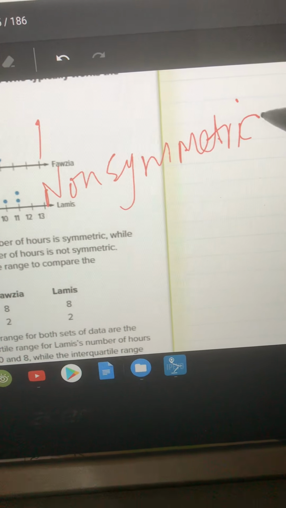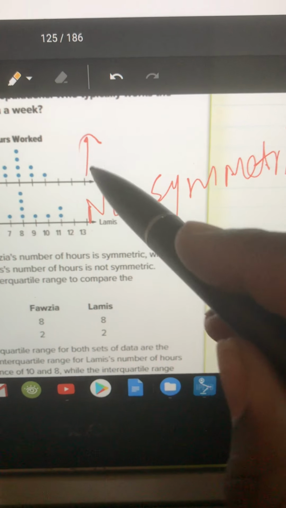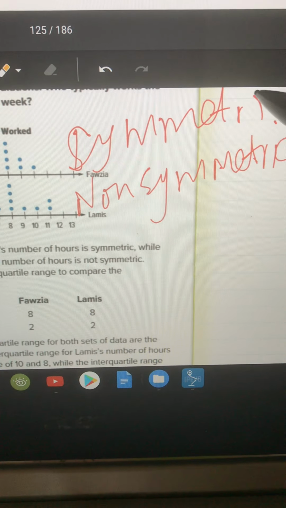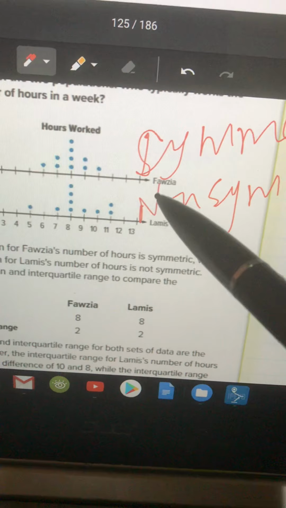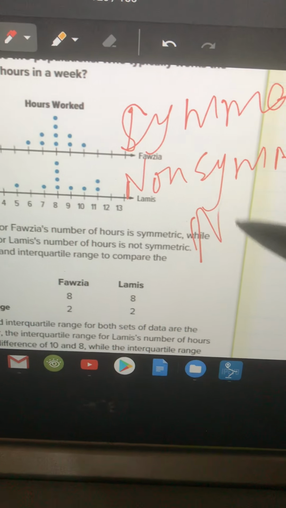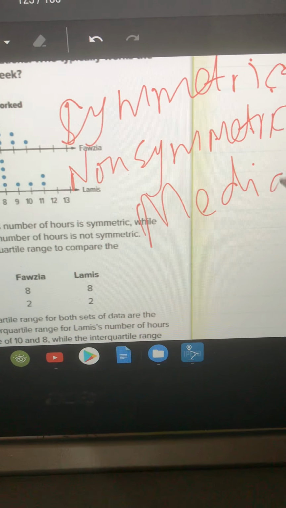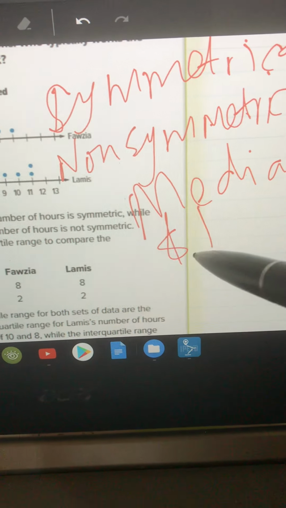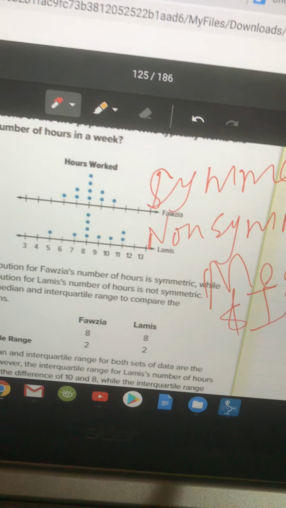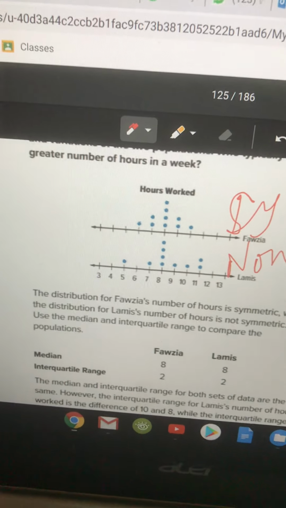It doesn't matter. And this one is symmetrical. So, I told you if one is non-symmetrical, then you must do median and IQR. Okay? That's what we must do in this one here.